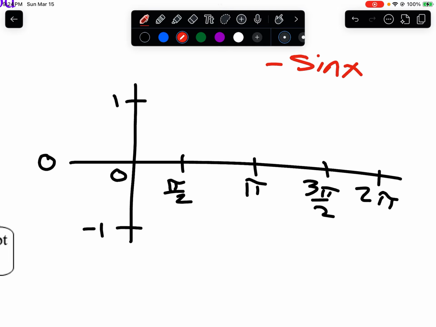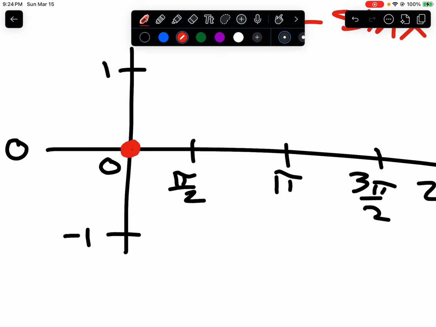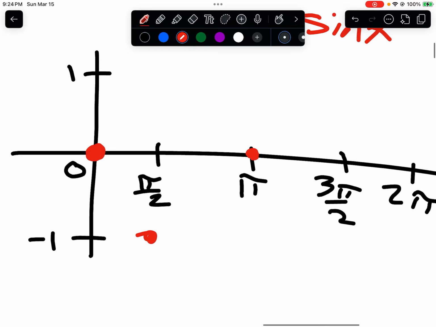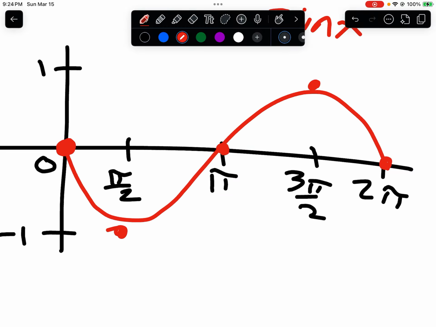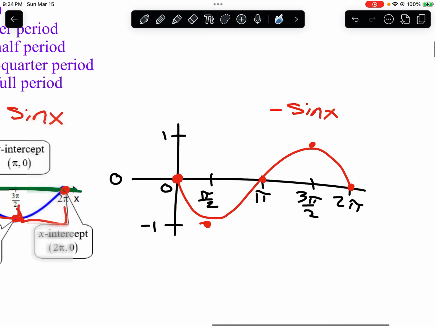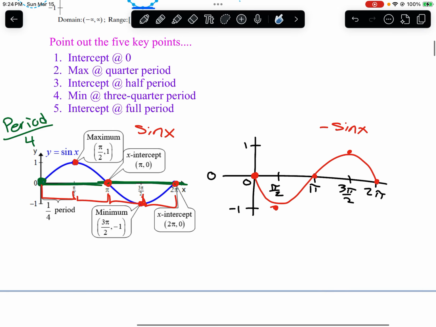If I were to switch it from sine to negative sine, so just throw a negative in front there, then all that's going to change is, instead of starting in the middle and going up to begin with, it's going to start in the middle, but then go down to the minimum value first, then come back up to that middle line, then hit my maximum, and then come back down, roughly like that. So positive sine starts in the middle and goes up. Negative sine starts in the middle and then goes down.